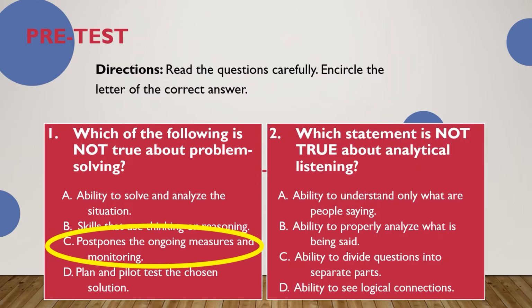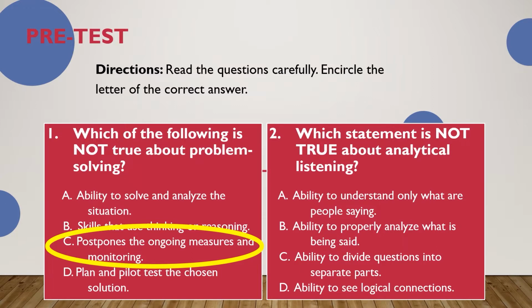Next, question number 2. Which statement is not true about analytical listening? Is it A, ability to understand only what are people saying? B, ability to properly analyze what is being said?